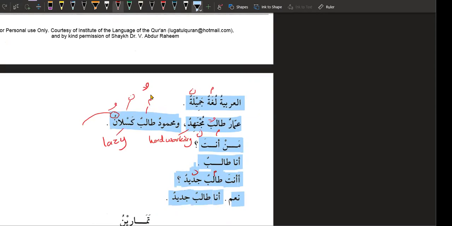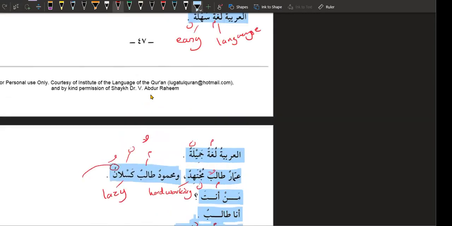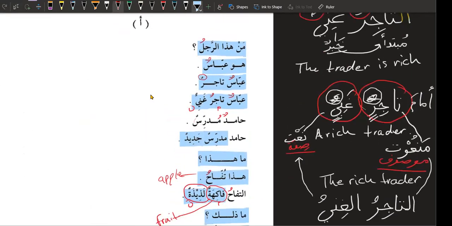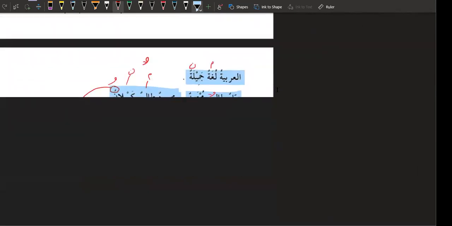Anybody else? So this just needs a little bit of revision, what we've written on here, just to understand the difference. And as I said, as time goes on, you get used to it. As long as you keep reading and keep up the study, it will become second nature. جيد.